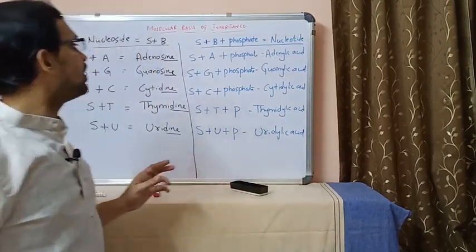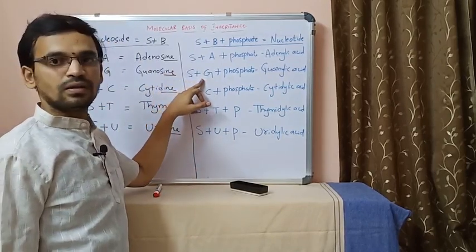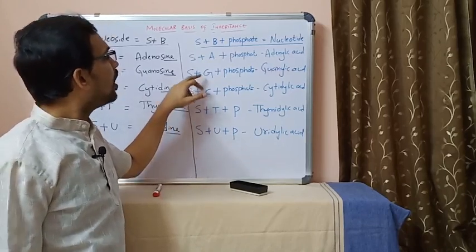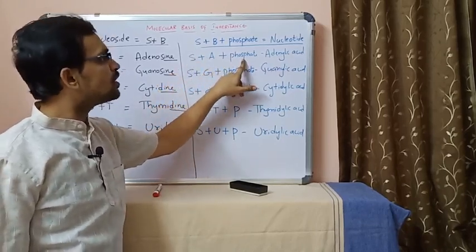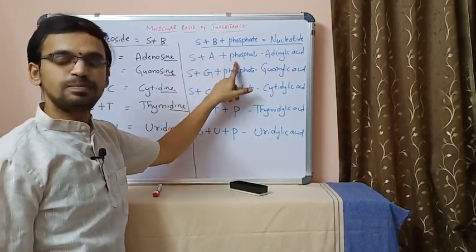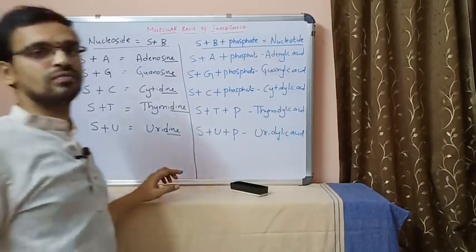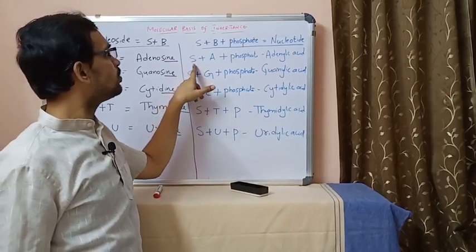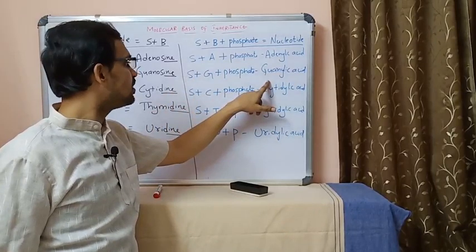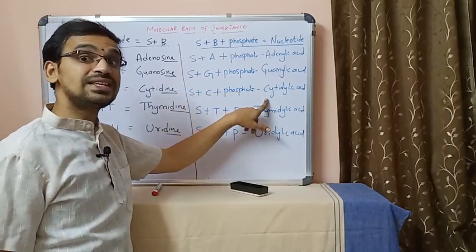And one more thing you should remember, adenine and guanine are common purines in both DNA and RNA. If sugar, adenine and phosphate are present with deoxyribose sugar in DNA, then it is called deoxyadenylic acid. With deoxyribose sugar and guanine, deoxyguanylic acid. With deoxyribose sugar and cytosine, deoxycytidylic acid.